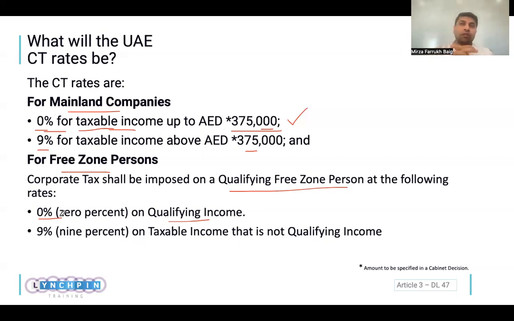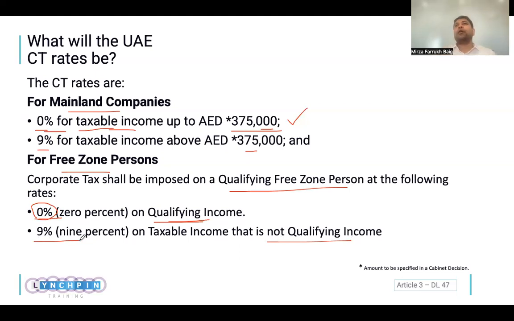But if we go back to the business consultation document which the FTA issued earlier, we can assume or anticipate that it can be probably the income generated from within the zone, or probably from zone to export. So it is just an assumption. At present, the FTA has not clarified anything, but in future, as and when it is clarified, on your entire qualifying income, for simplicity's sake, you won't be paying any tax. And anything which is not a qualifying income, again, the flat rate would be 9% here.